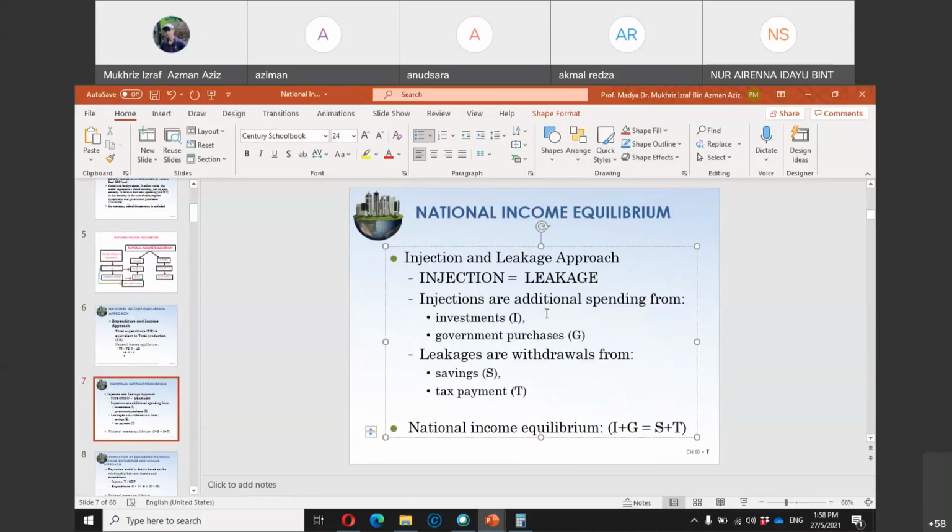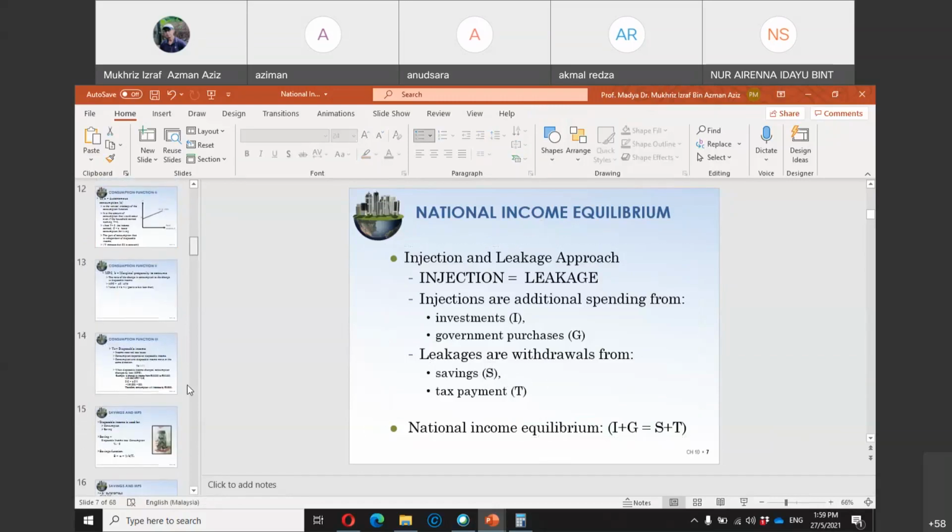That's why we treat both similarly in terms of the effect on the economy, because both are money coming into the economy. The same goes with saving and tax. Both are leakages. So the impact of the multiplier of tax would be the same as the impact of the multiplier for saving, because both are money going out.